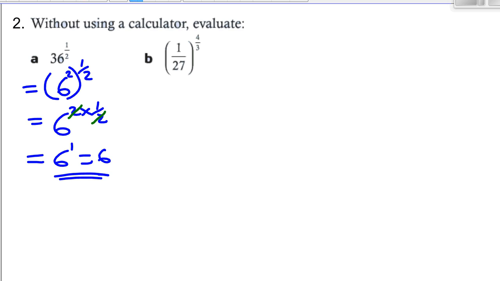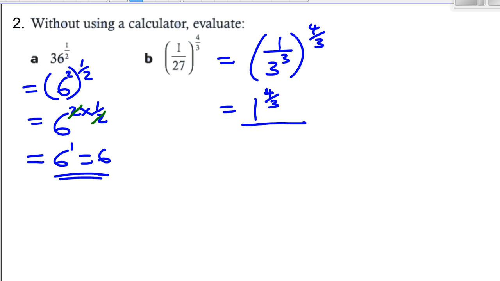Next question. What you do is almost a similar method to what I've done. So you can express this as 1 over 3 to the power of 3, to power 4 over 3. So which means you have 1 to power 4 over 3, over 3 to power 3, to power 4 over 3, because it's everything to power 4 over 3.